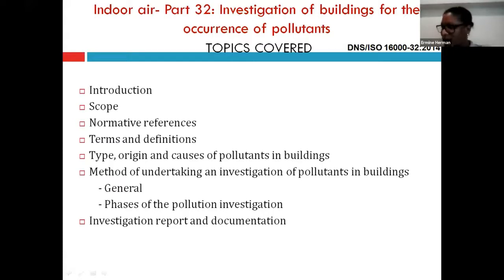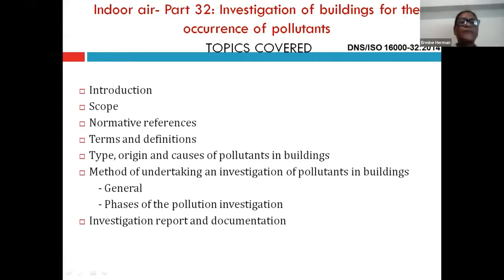Right, so normally we would look at just mold as being a primary pollutant, but there's so many other pollutants that can negatively impact on indoor air quality. So this standard would speak to that.